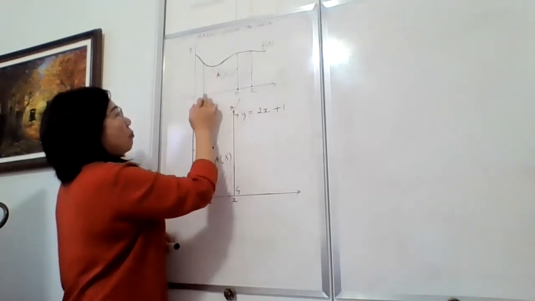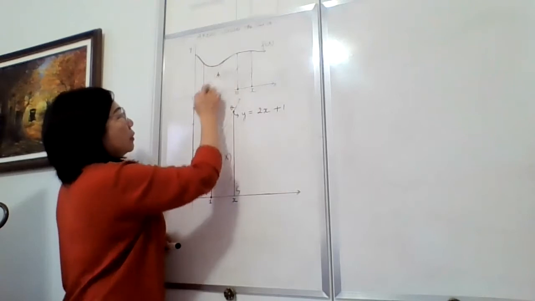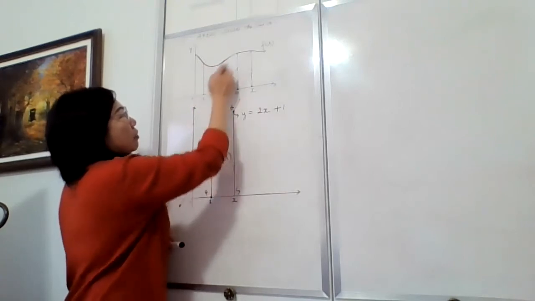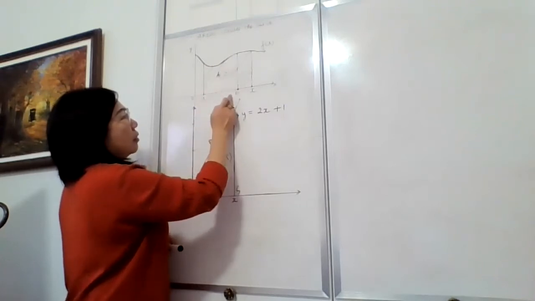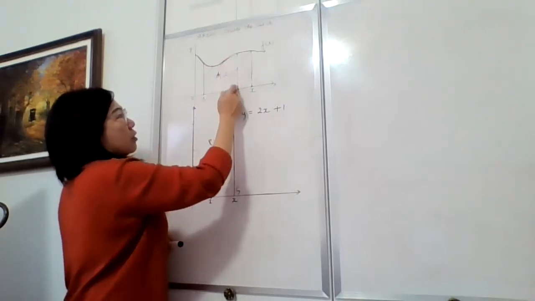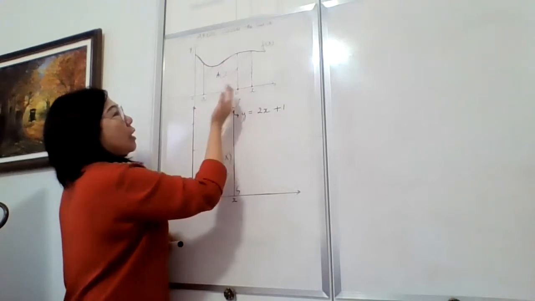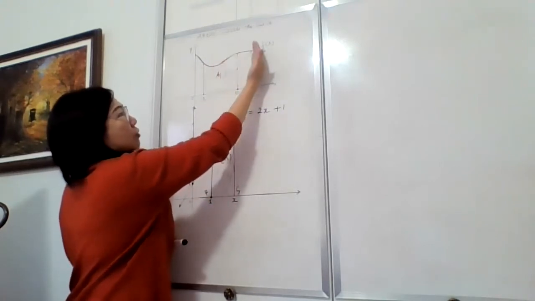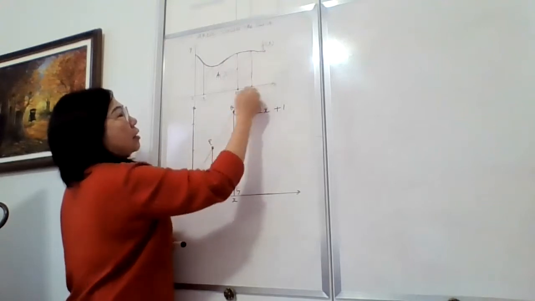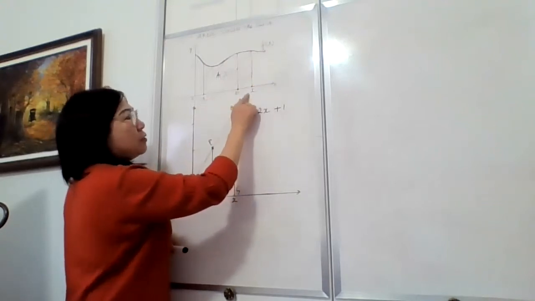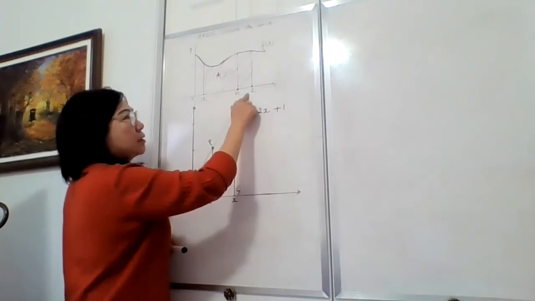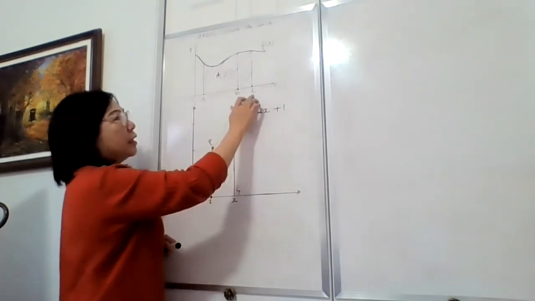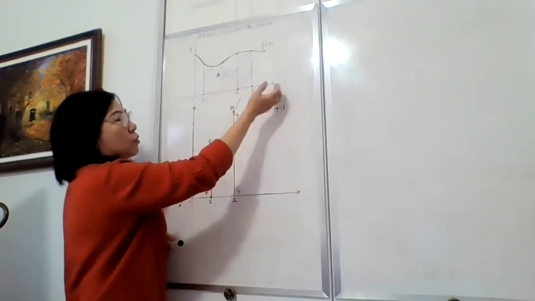So I mark the area between A and B, the region between A and B, with the first dotted line here. As I move this first dotted line to the second dotted line here, let's say I move an x unit, I move from B by x units, and I call it x units because I don't want to have a fixed 1 or 2 or 3 units.